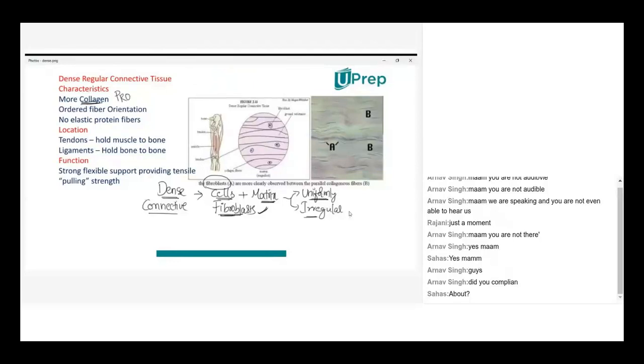Now, this collagen protein is arranged in the form of fibers, and those fibers in matrix, if they are arranged uniformly, then we call it regular dense connective tissue. Understand the word regular. Regular here stands for the collagen protein fibers being arranged in matrix uniformly.